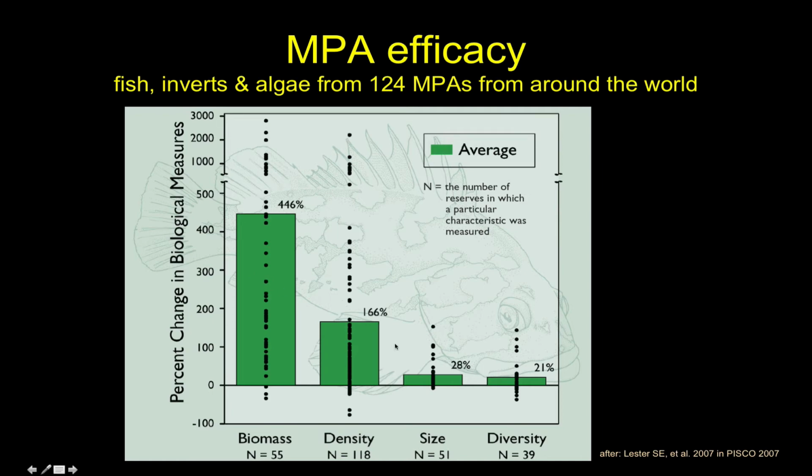Size, also a positive change, but less massive. We wouldn't expect the size of fish to increase by 2,000% because that's not biologically realistic. And then diversity also has a positive trend. So this says that at least it's possible for MPAs to produce improved biomass, improved ecological functioning, presumably, etc.